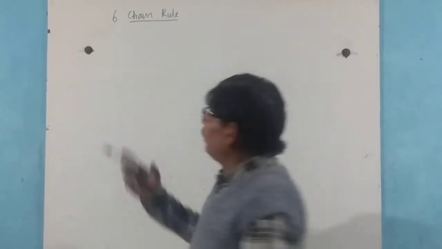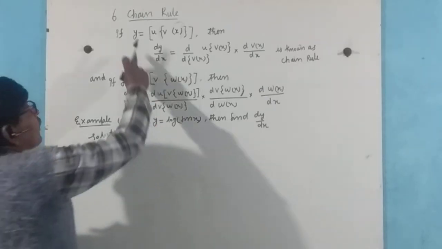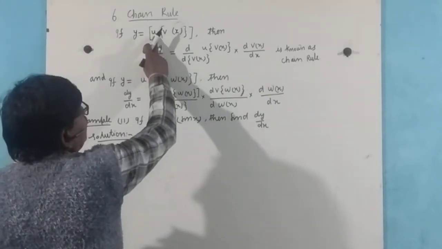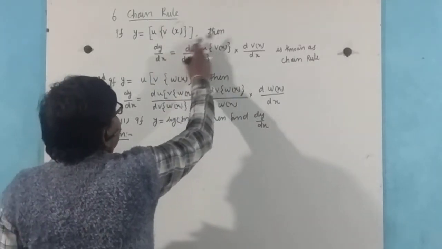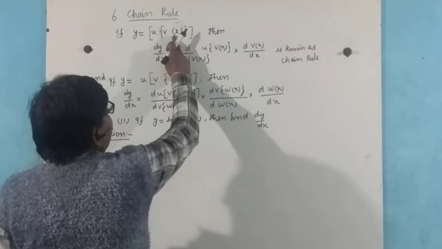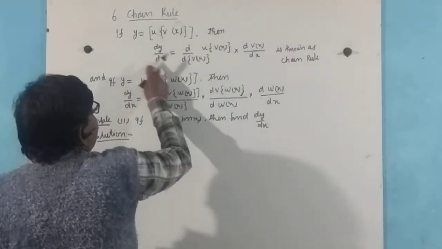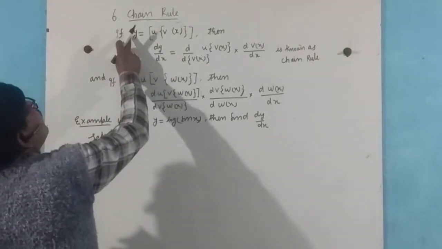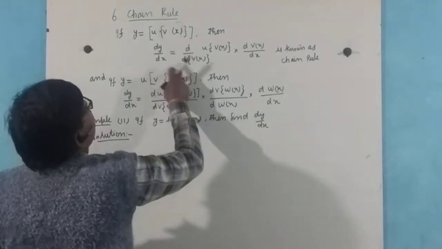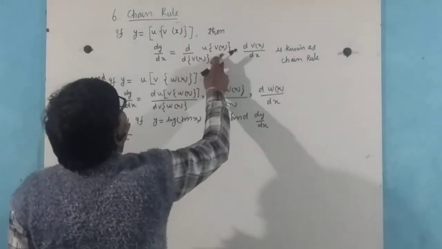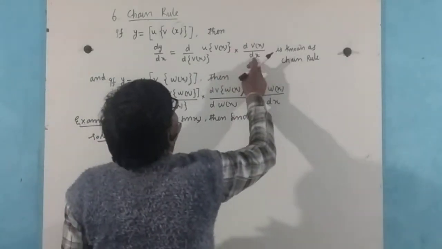Now if y equals u(v(x)), where v is a function of x and u is a function of v(x), then differentiating y with respect to x, dy/dx equals du/dv(x) times dv(x)/dx.